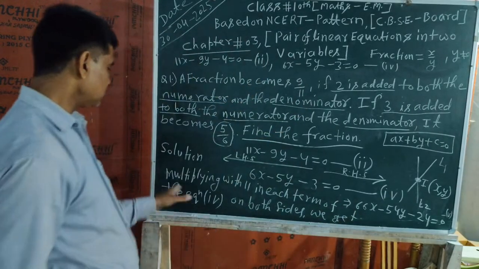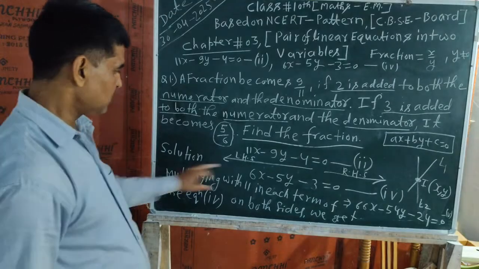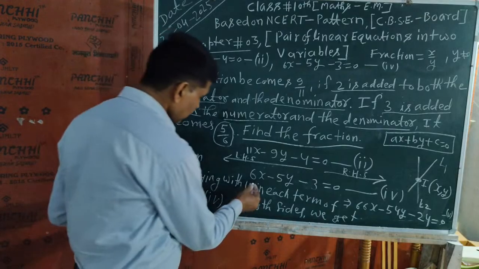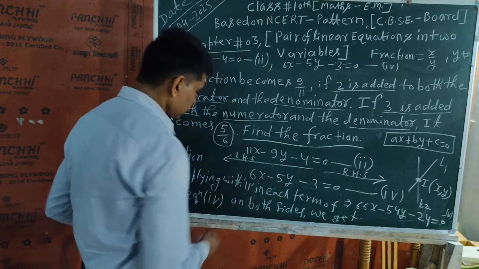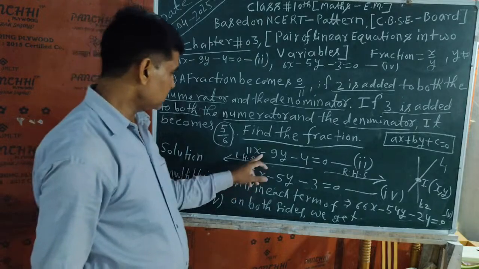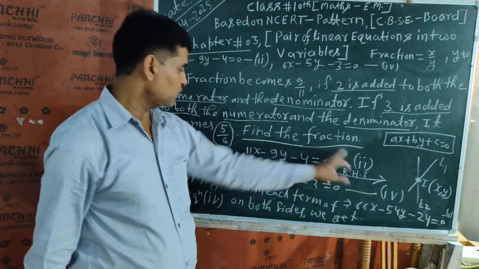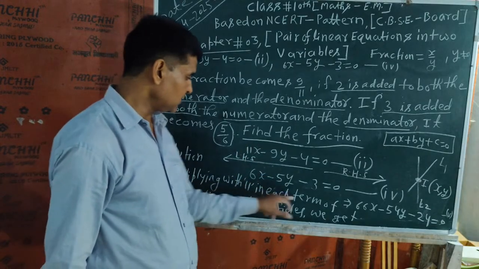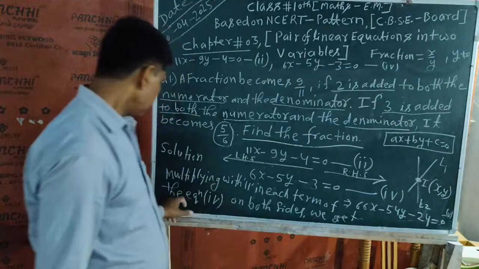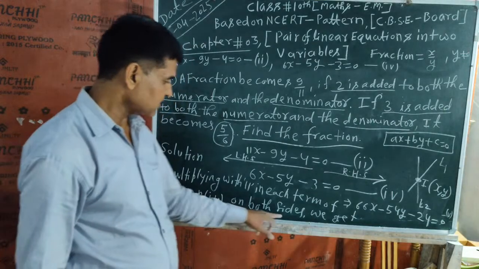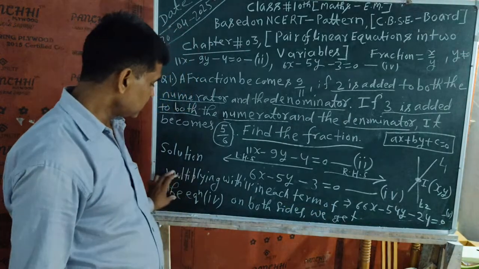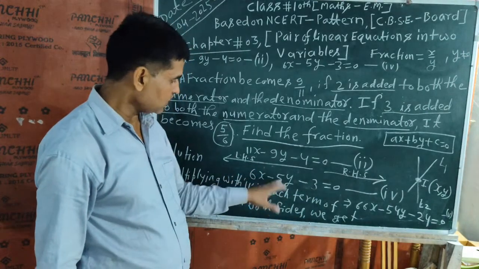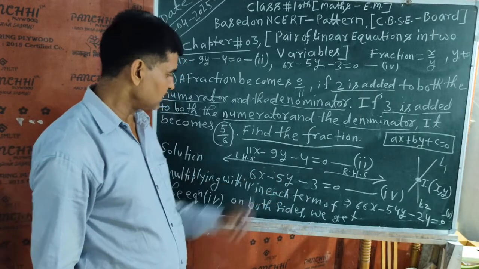Okay, students. This number 11 is taken from equation number 4, which is the coefficient of x. So we multiply with 11 in each term of equation number 4 on both sides.